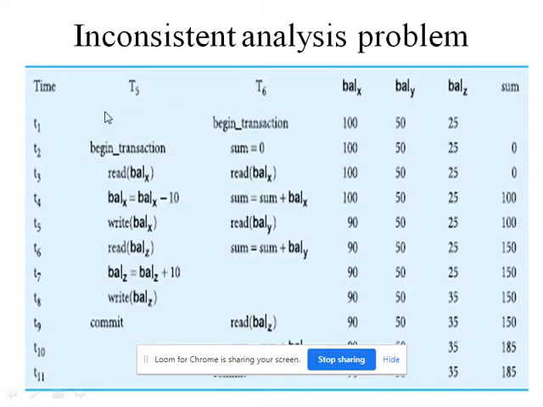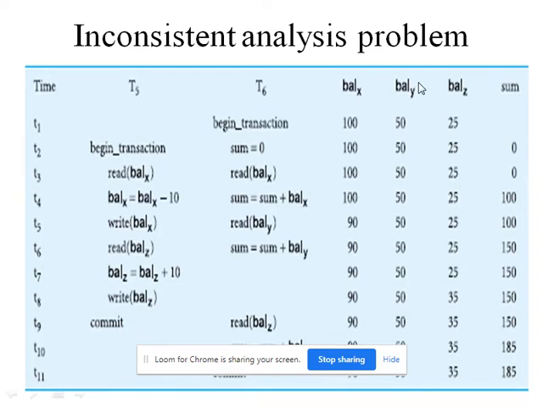See here, at time T1 T6 started, and at time T2 T5 started in parallel. T6 takes the sum variable at time T2 to summarize each account balance.